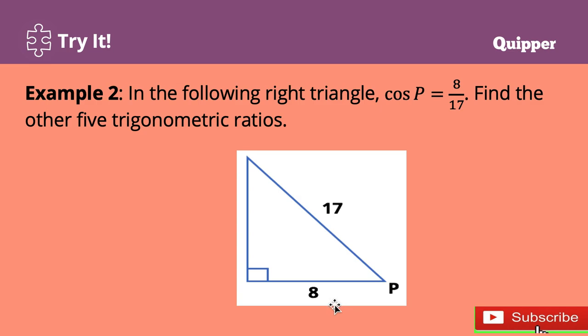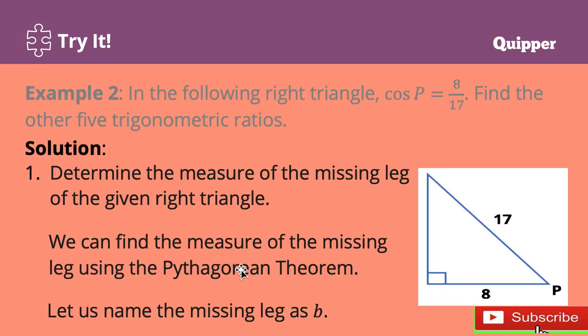We only have the adjacent side and the hypotenuse. So first, we are going to find the opposite side because we cannot find the other 5 trigonometric ratios if we don't know the measurement of this opposite side. By using the Pythagorean theorem, we can find the missing leg or the opposite side.